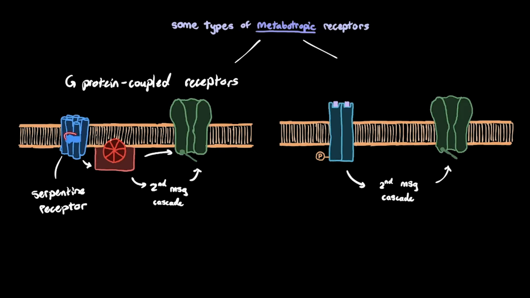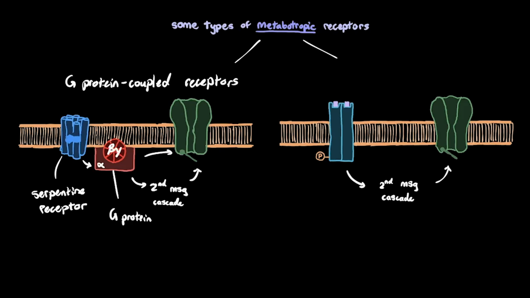Instead, when the transmitter binds, it results in a conformational change that allows it to bind to a subunit of a protein called G protein. It binds to the alpha subunit, whereas this is the beta gamma complex.